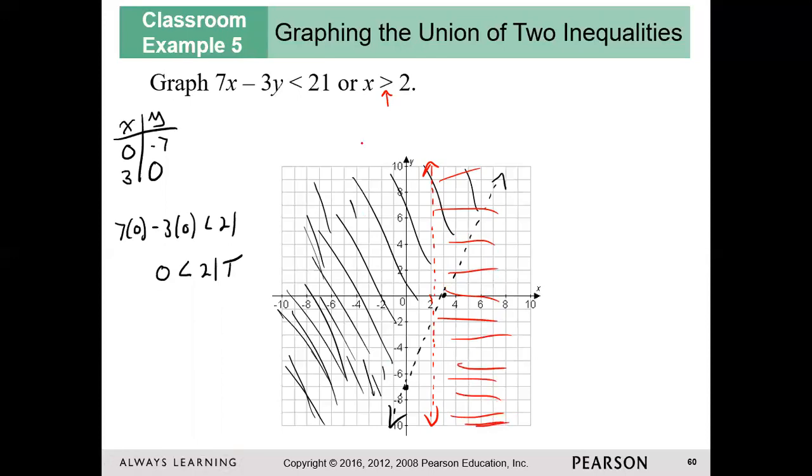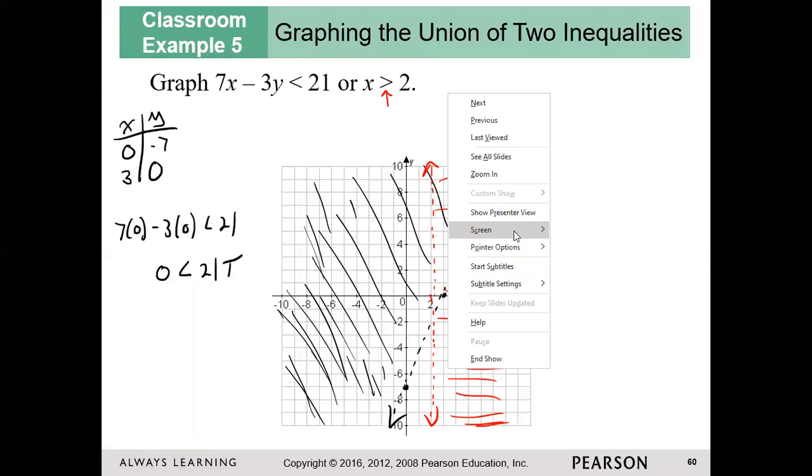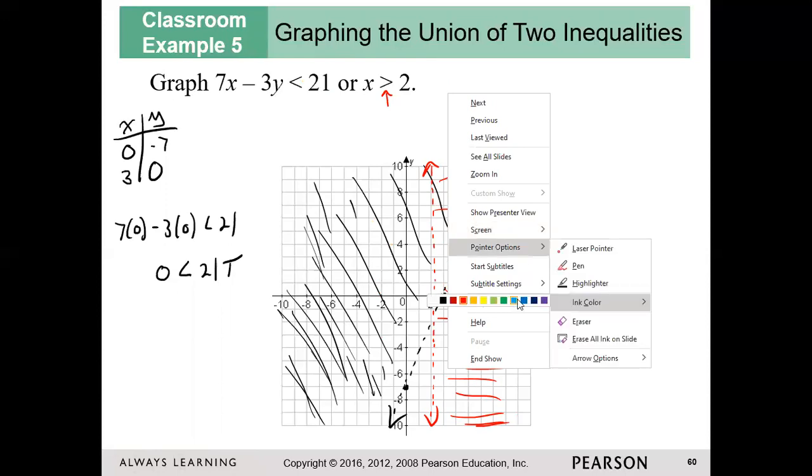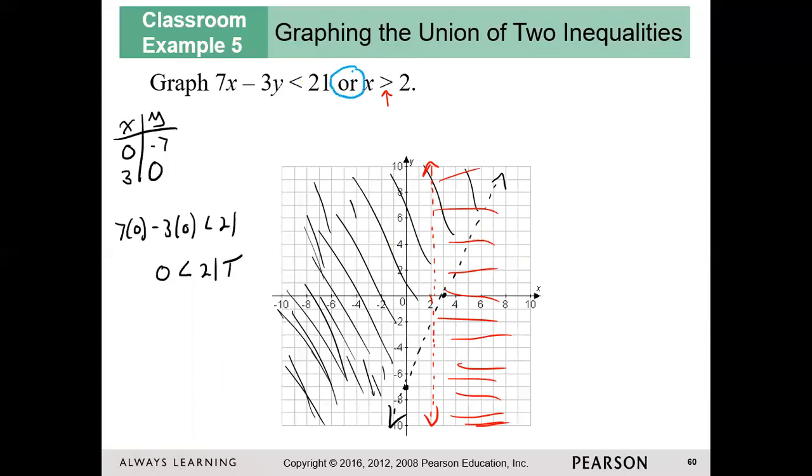And because this one is an OR problem, let me just swap out my colors one more time. This right here, since this is an OR problem, we are going to take anything that is shaded and say it is part of our solution set.